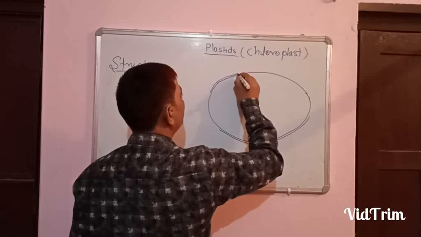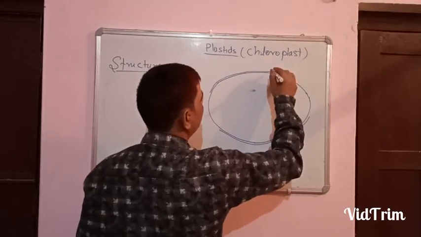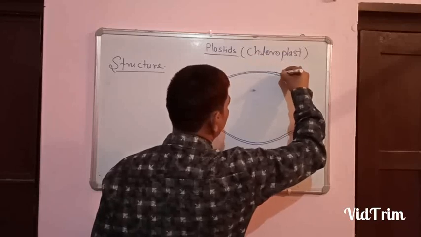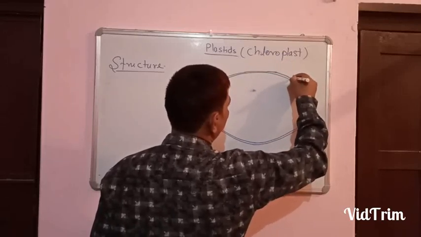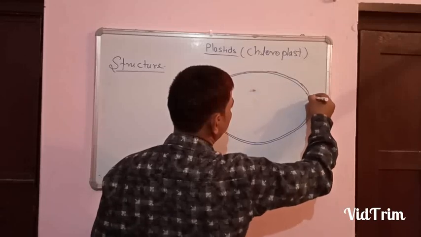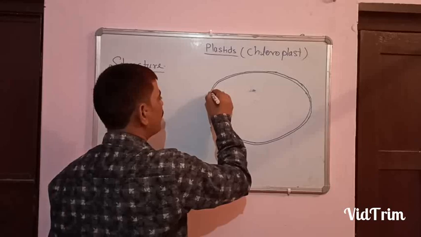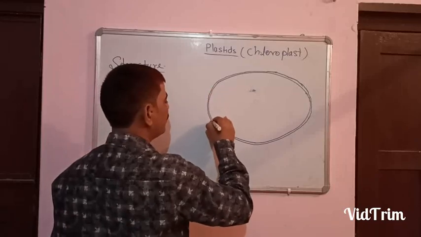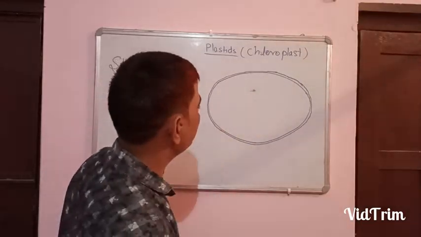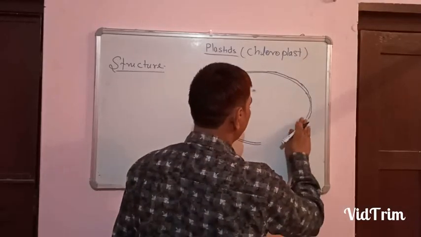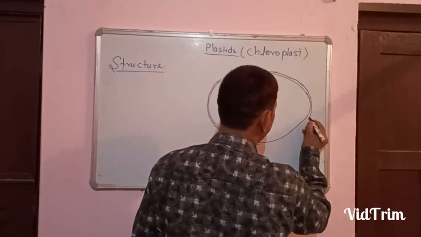It is very difficult for me to draw diagrams with a marker on the board because it is slipping too much. Though the diameter is uneven, you have to consider it an even diameter.